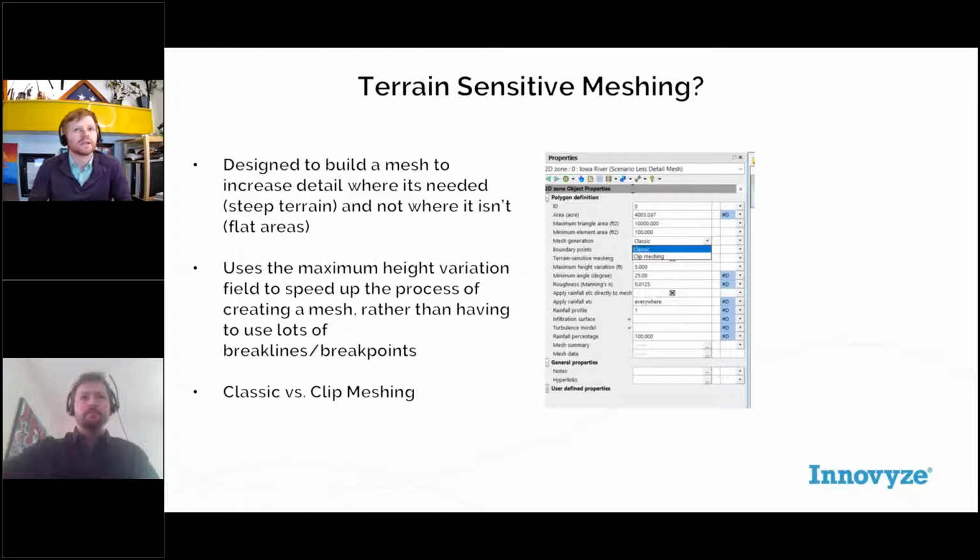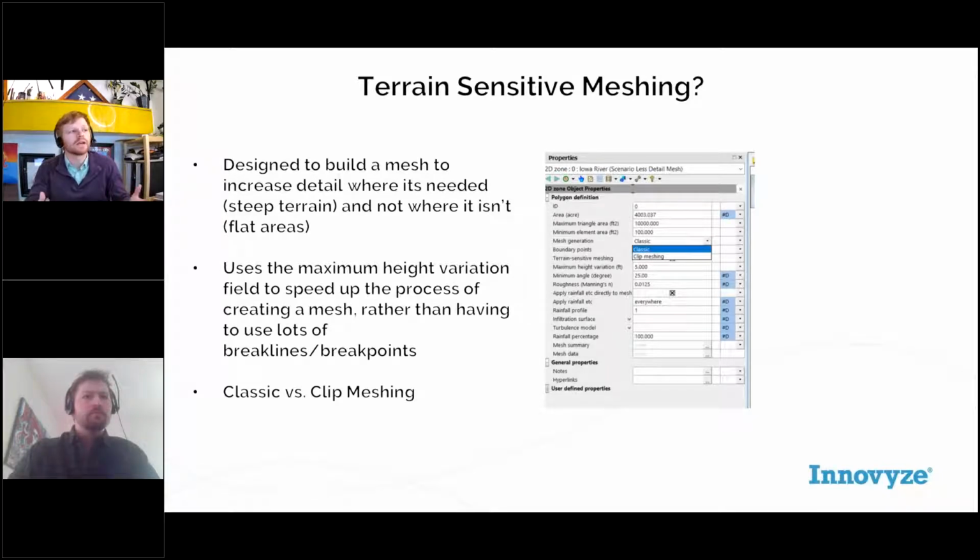What clip meshing does is it actually does a pass without regard to really any kind of features that might impact the mesh, like hydraulic structures or buildings or porous polygons or anything like that. So it goes through that first pass and then it goes through a second pass where it does take into account those features and, quote unquote, clips out those areas and just rebuilds the mesh around that.